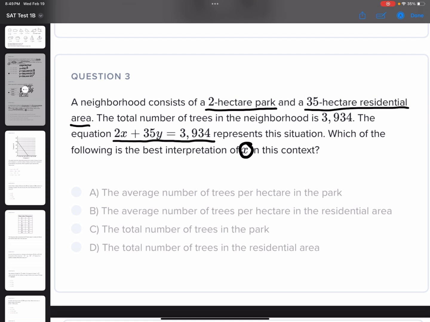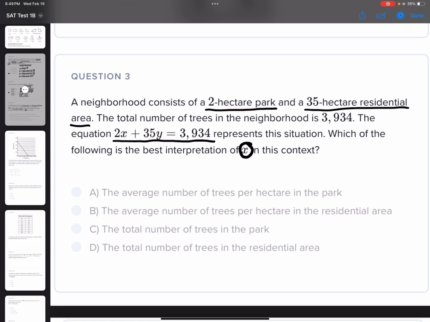And so they would not choose A, and they would choose C. And C is incorrect, however, because it says the total number of trees in the park. If that was true, why would you multiply the total number of trees in the park by 2? Now you are getting an incorrect value and adding it with another incorrect value, because you're probably going to think the same thing for 35. And our answer really wouldn't be 3,934.